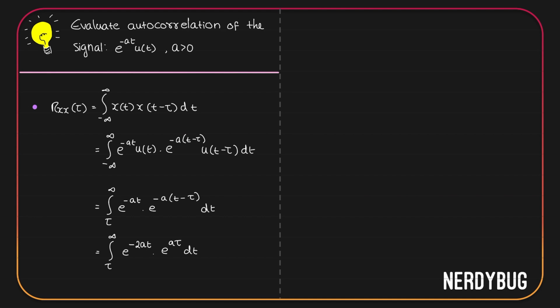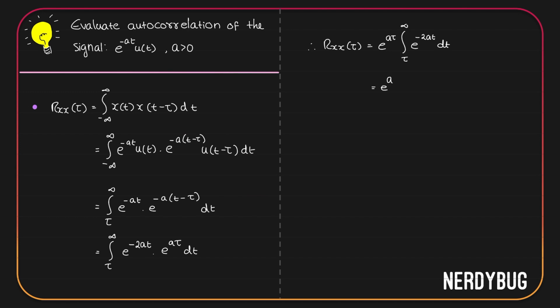Here the integration is on t. So e raised to a tau will be a constant since tau is a constant. So we can write R xx of tau is e raised to a tau integral from tau to infinity e raised to minus 2at dt.